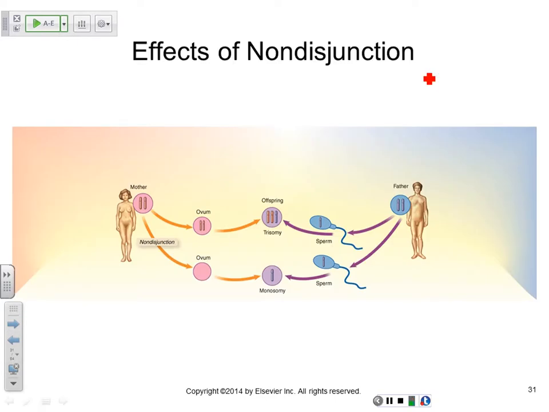So effects of non-disjunction, like I drew earlier on, you have the mom here. So one of the chromosomes, it could be any of the chromosomes. If it's 21, then you get the Down syndrome. So one ovum will get 2, and then the other one will get nothing. This one that gets nothing creates monosomy because the other parent will contribute the other gamete for that particular chromosome.